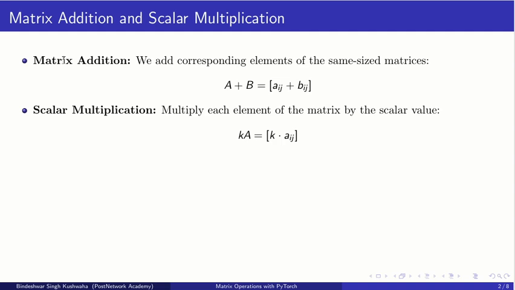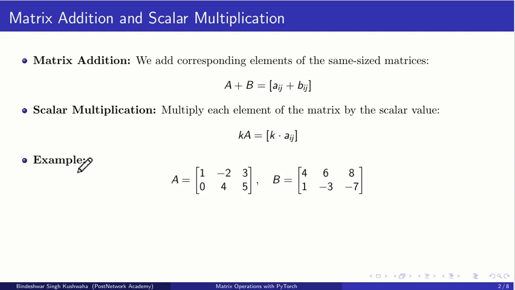If k is a scalar, you can say it is also a real number, then each element of the matrix is multiplied by the scalar value. So if k is a scalar and A is a matrix, then k times a_ij, where a_ij are the elements of matrix A.